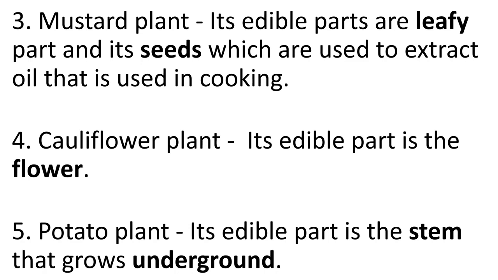Number 3, mustard plant. In mustard plant, we have more than one edible part. Its edible parts are leafy part and its seeds, which are used to extract oil that is used in cooking.